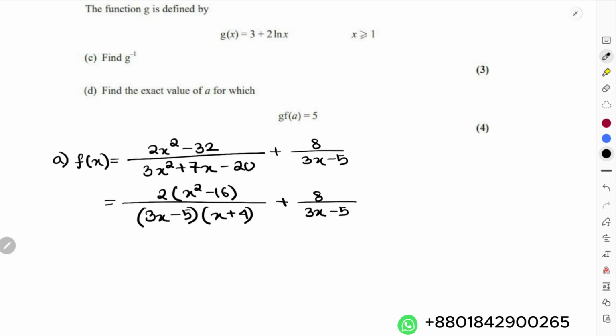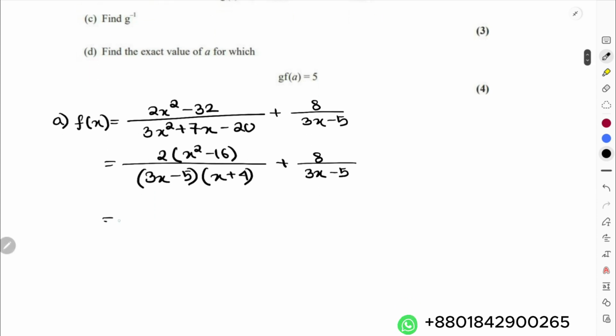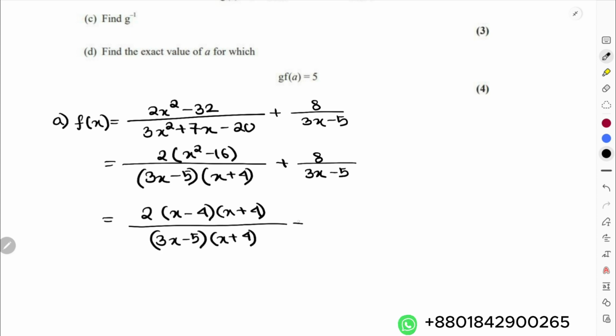If I do the LCM now, the numerator breaks down as 2(x minus 4)(x plus 4), and the denominator is (3x minus 5)(x plus 4), plus 8 divided by 3x minus 5, right? So now you can eliminate this x plus 4 and x plus 4 easily.